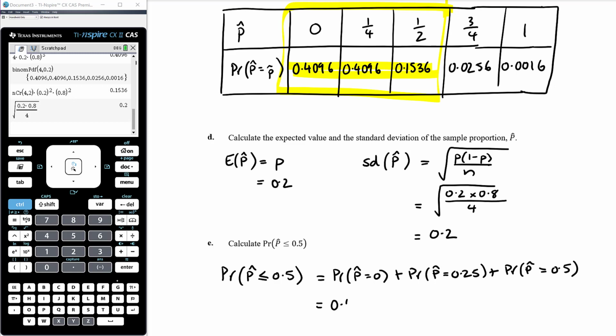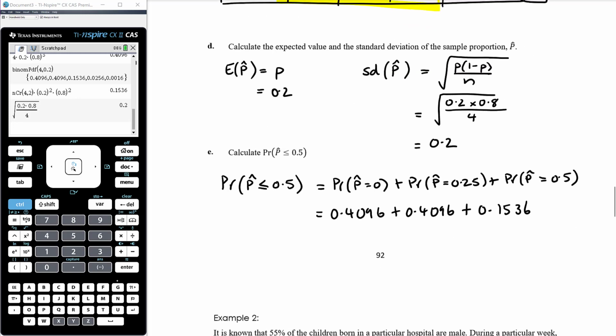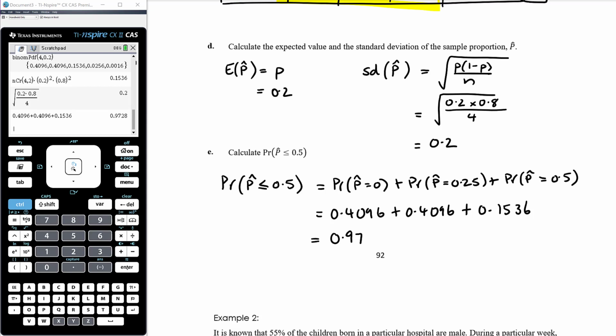So from our table, that's 0.4096 plus 0.4096 plus 0.1536. If we add those together, we have 0.9728.